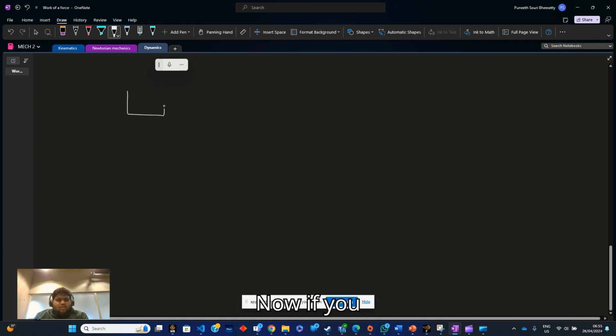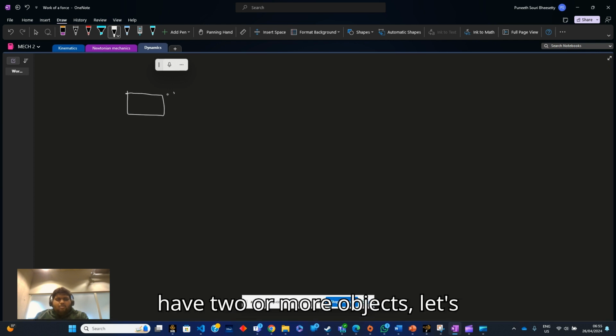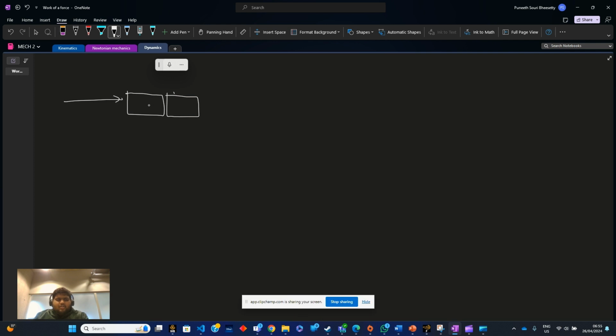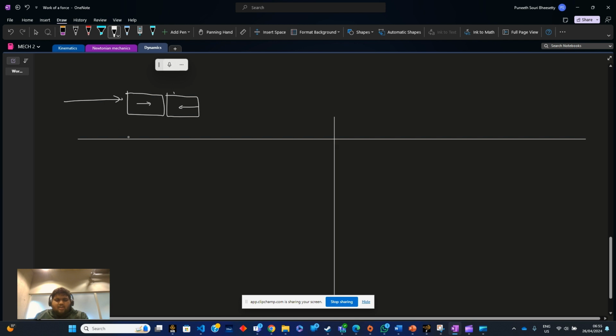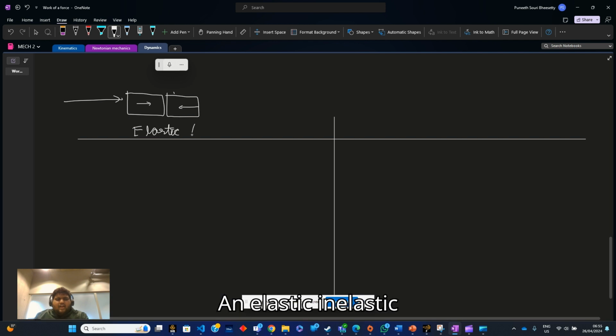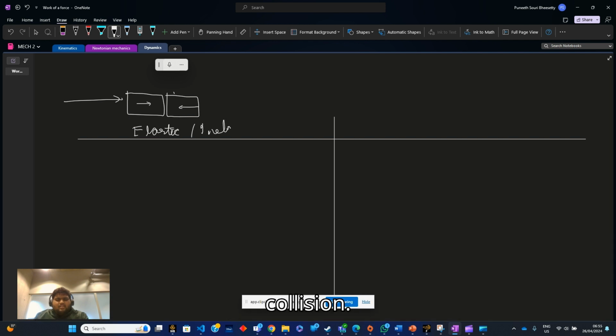Okay, so now if you have two or more objects, let's keep it at two for now, that collide with each other, you have a case of this being either an elastic collision, an inelastic collision, or a perfectly inelastic collision.